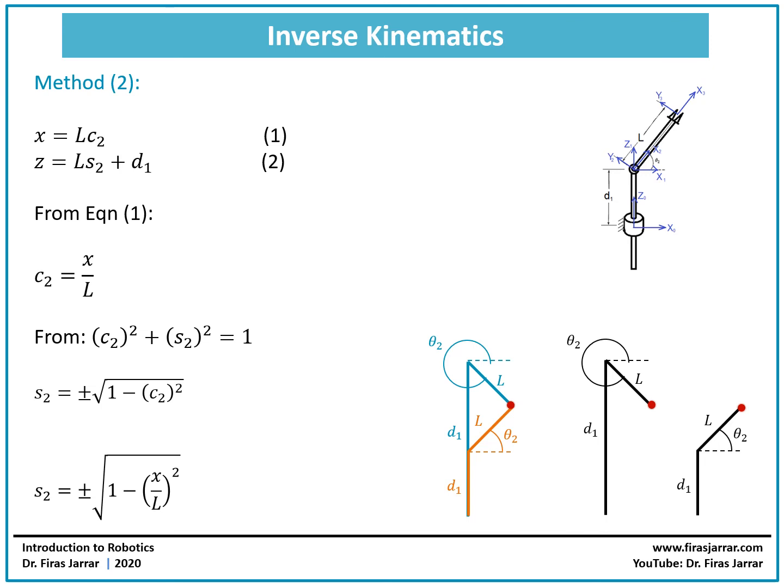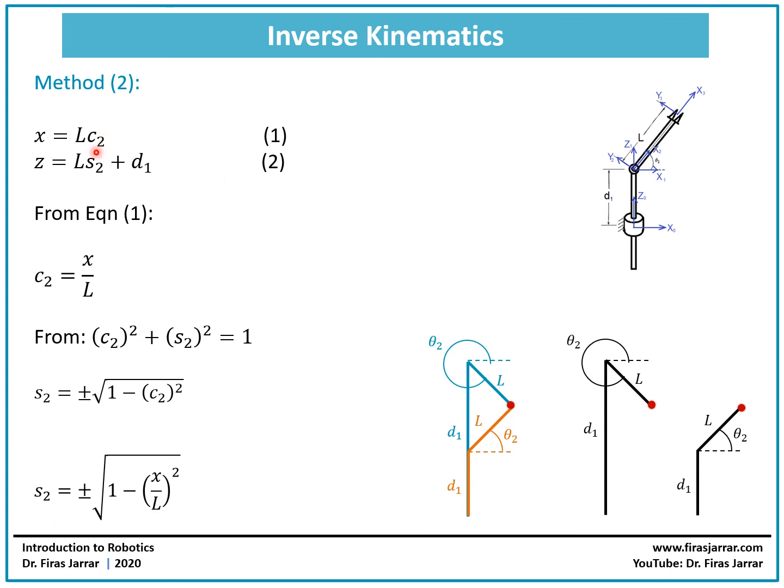In method 2, now we're going to start looking for theta 2. In method 1, we started by first looking for a value for d1, but now we're going to start by looking for a value for theta 2.